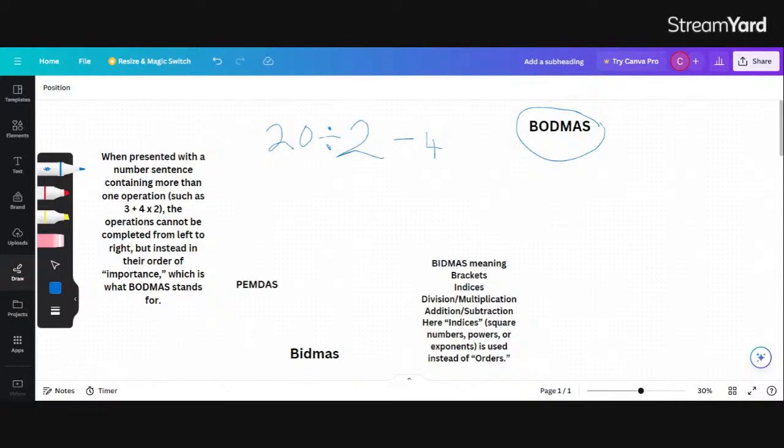So here you can see that we have 20 divided by 2 minus 4.